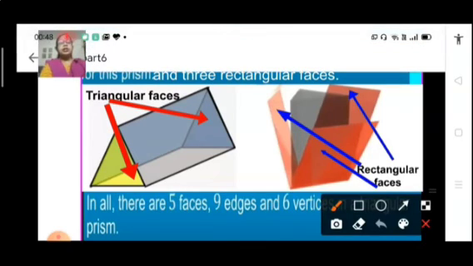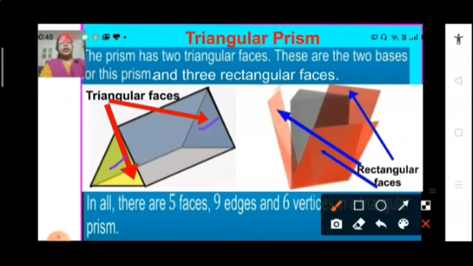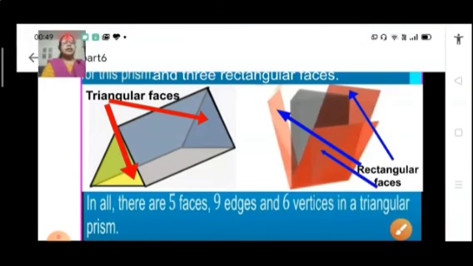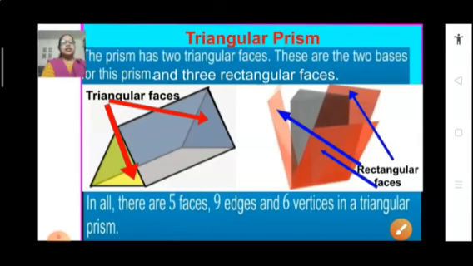So this face and this face of a triangular prism are triangles. These are the 2 bases of the prism, and there are 3 rectangular faces. So here we have a rectangular face, here we have another, and this one is also a rectangular face. So a triangular prism has 5 faces, 9 edges and 6 vertices.